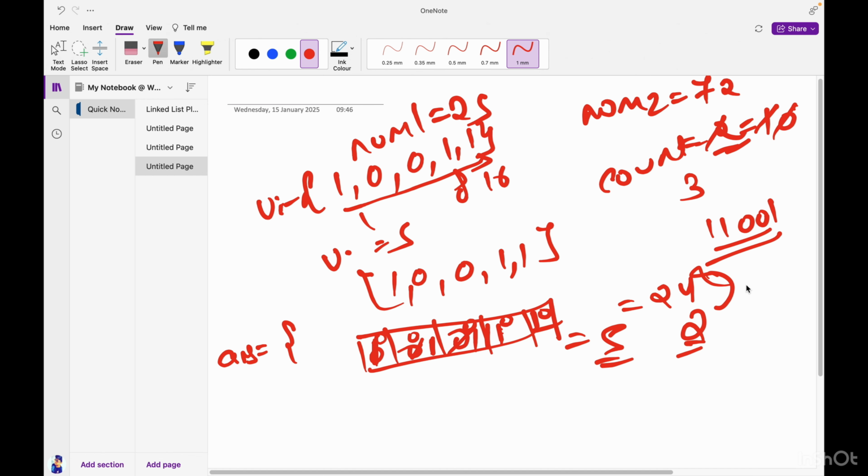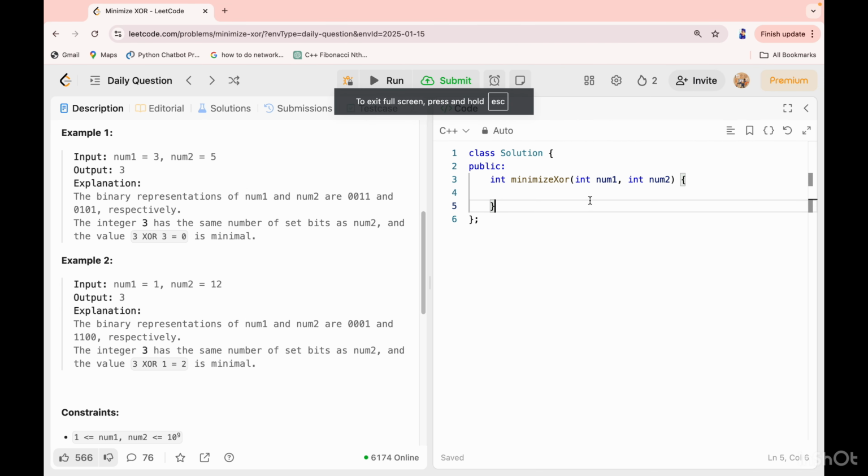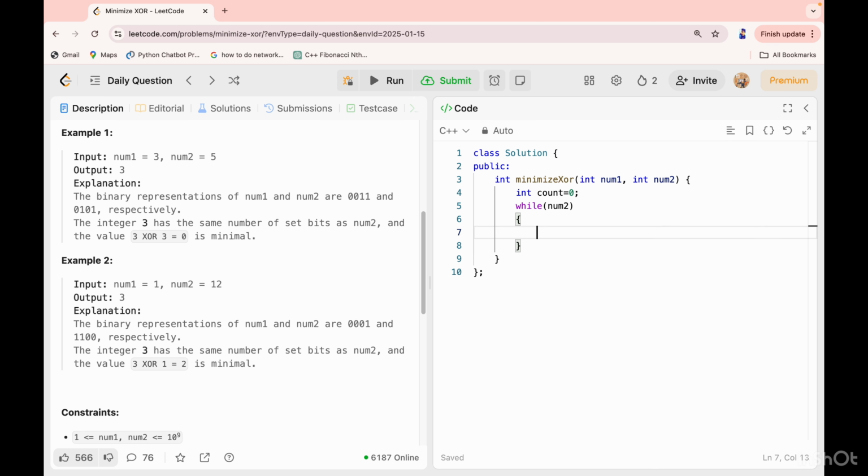Okay, now start with the question. First we will make a variable called count. What is this variable doing? It is counting the set bits of num2. Okay, so we will count the set bits of num2. We will check if the number is odd or even.